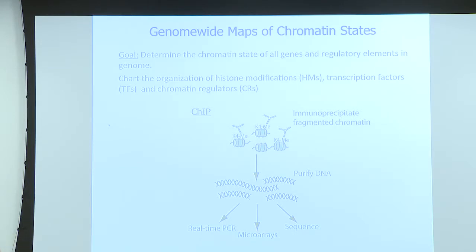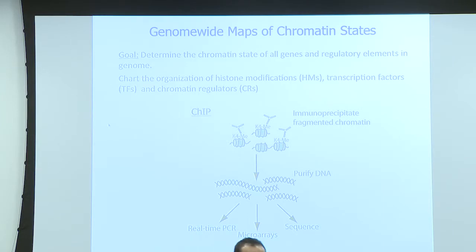So we took cells, we cross-linked the proteins with the DNA, and then we chopped it into small pieces or sheared it into small pieces, and we used an antibody that recognizes the epitope that we care about. So now we've pooled the pieces of genome or the pieces of DNA that were in association with this protein from the rest. So it's an enrichment or fractionation procedure.